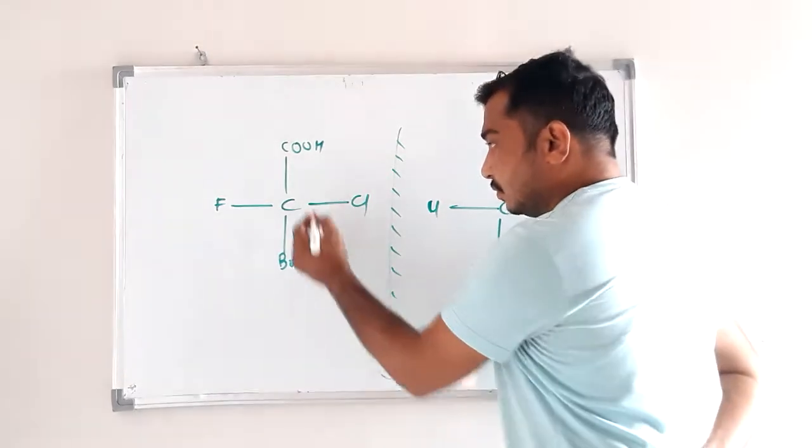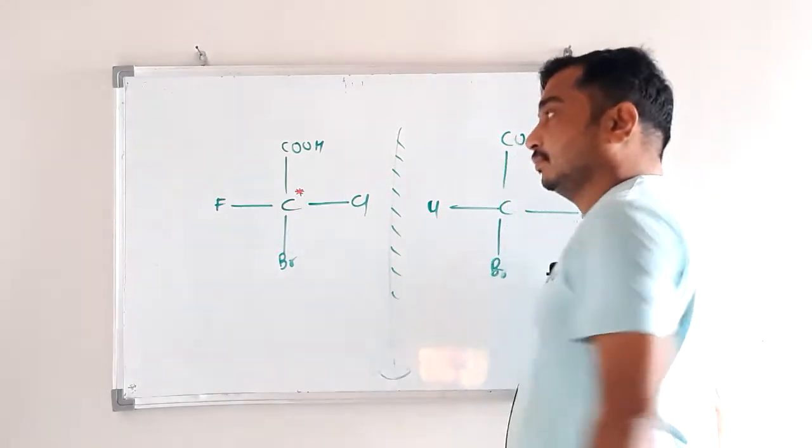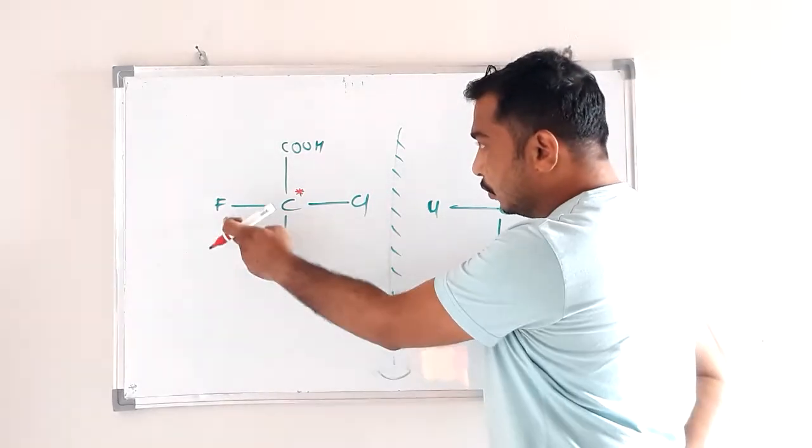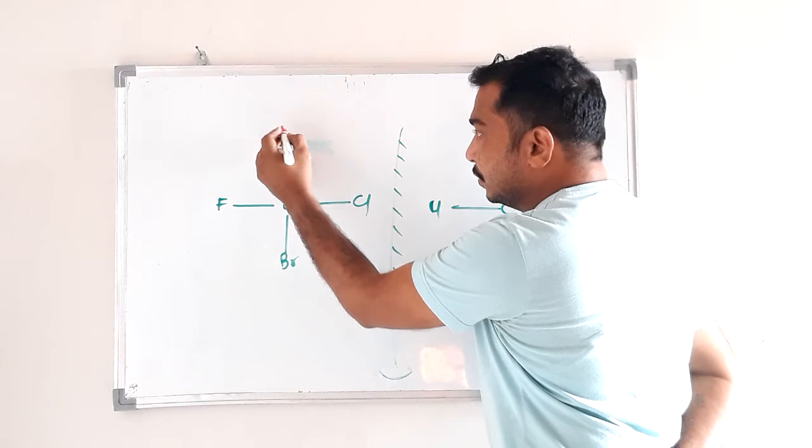So identify the asymmetric carbon atom, then give priorities: chlorine, bromine, fluorine and the carboxyl group.